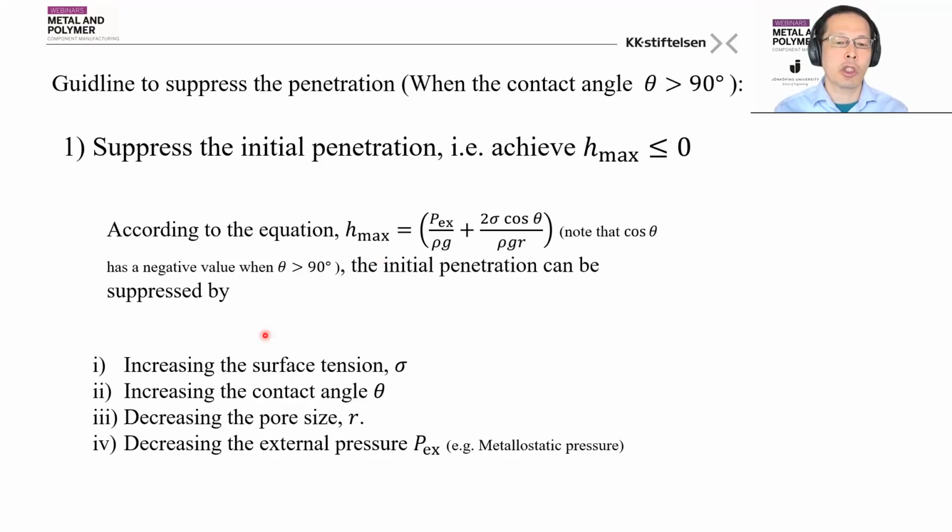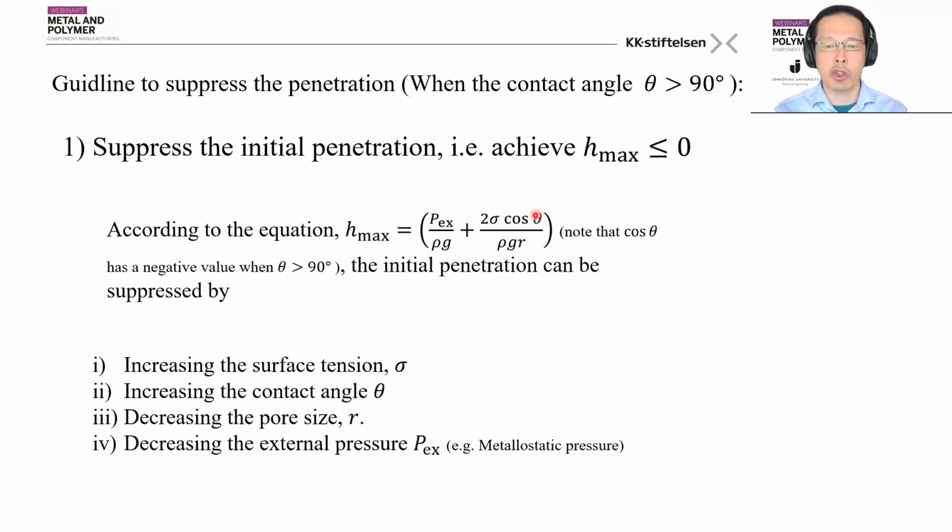Then to suppress the penetration height, we have to increase the surface tension, sigma, since this term has a negative value.